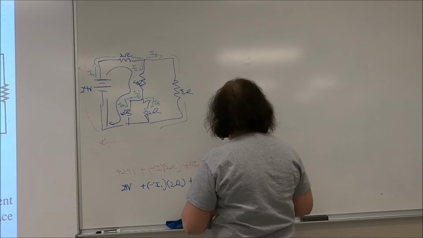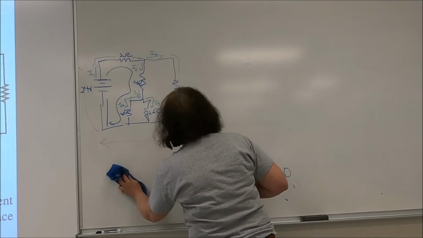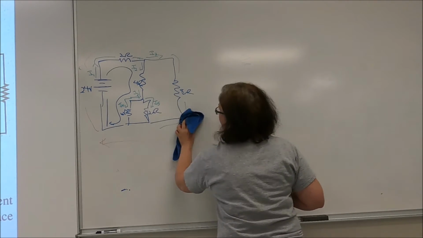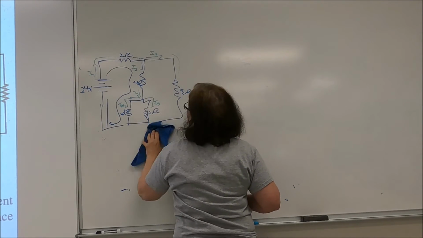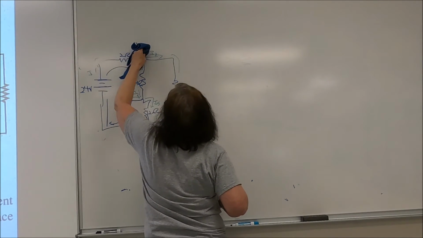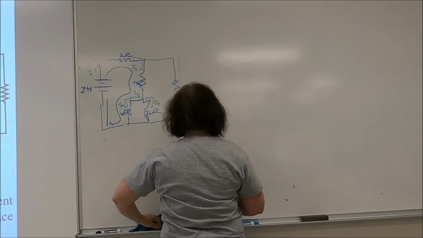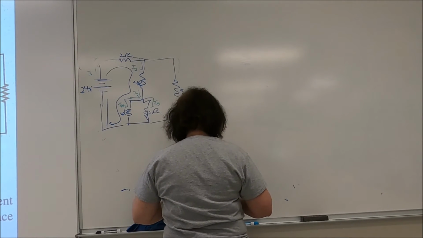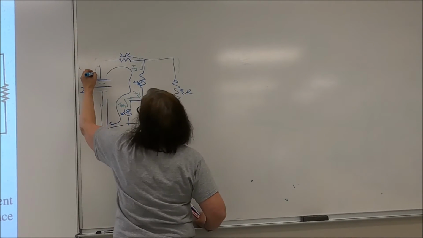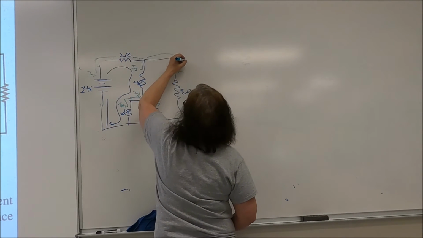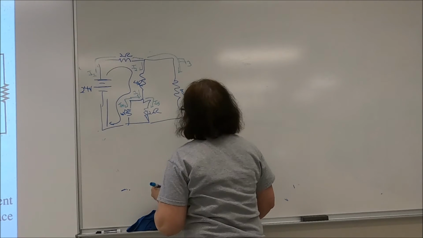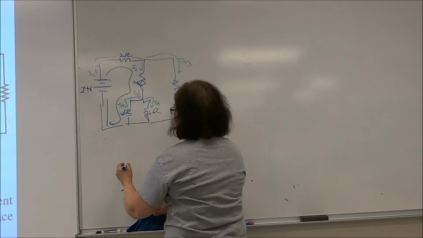I'm going to do it the way I like doing it better. I thought I could do it this way and be happy, but I'm not. So first thing I'm going to do is get equivalent resistance. I'm still going to leave this I1 coming out of here, I3 there.